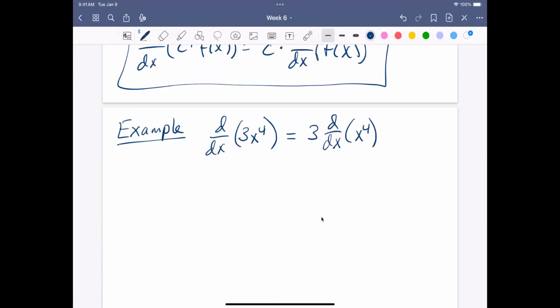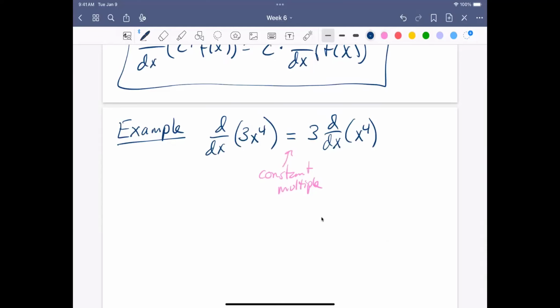So that was using constant multiple, to pull that one out. Okay, so now I have 3 times the derivative of x to the fourth, and because I have x to the fourth, now we can use power. Now's our chance to use power.